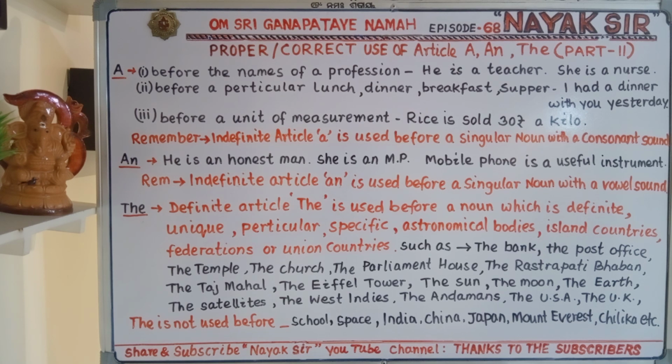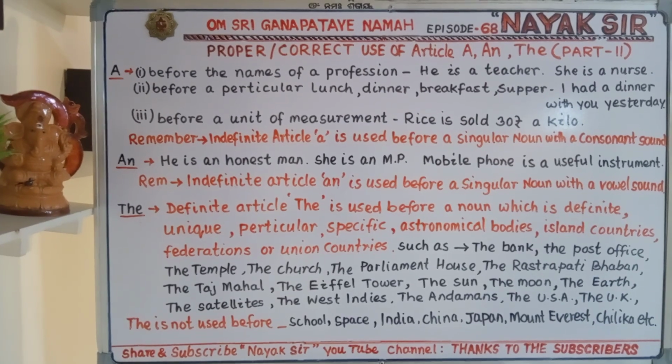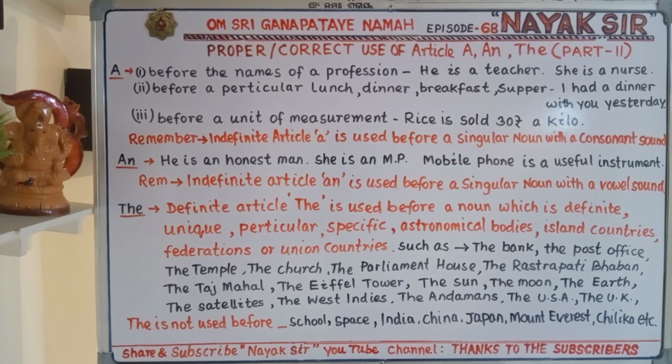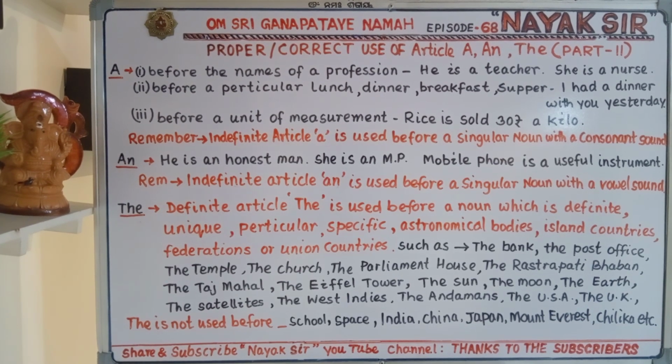Number 3. The article the is a definite article. The is used before a noun which is definite, unique, particular, or specific. While using astronomical bodies, island countries, and federal or union countries, we have to use the.